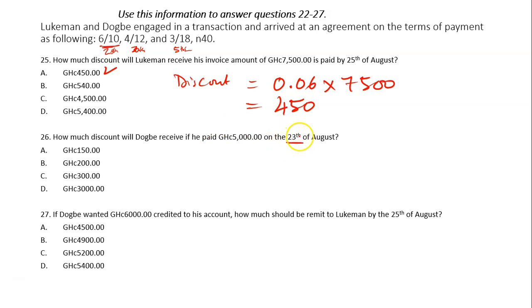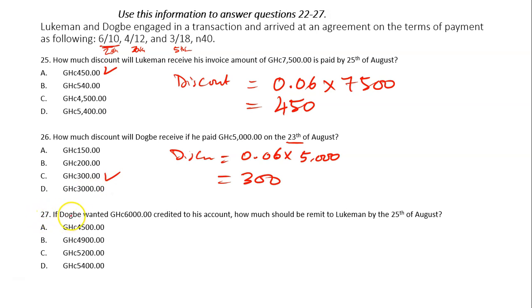The discount date is 28th August and he paid on 23rd August, so he's also taking 6%. So we find 6%, that's 0.06 times the amount he paid, which is 5,000. So 0.06 times 5,000 is 300. So the correct answer for question 26 is C, 300 Ghana cedis.